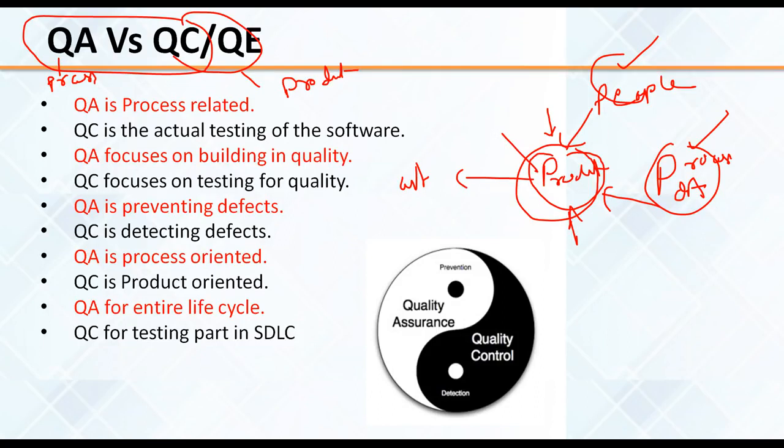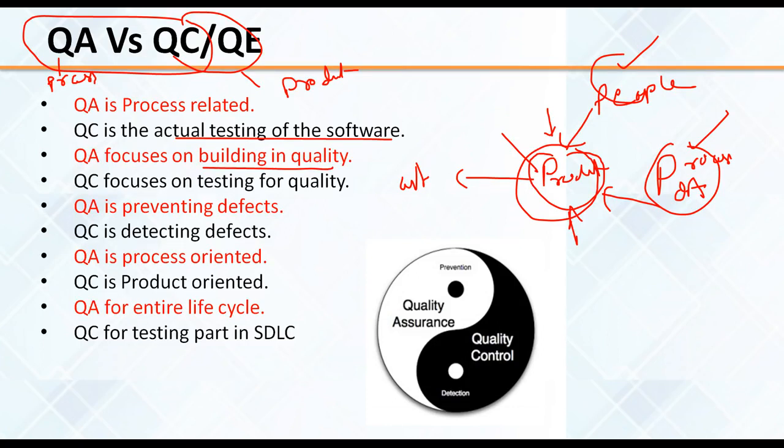QC is the actual testing of the software. Software means product here. So QA is talking about the process and QC is talking about the product, the actual testing of the software. QA focuses on building in quality. Very important.